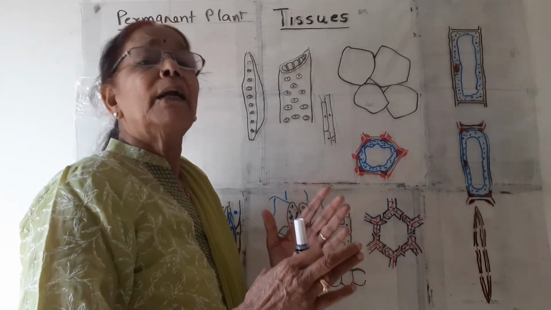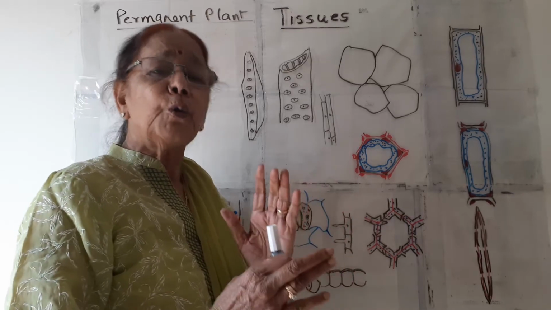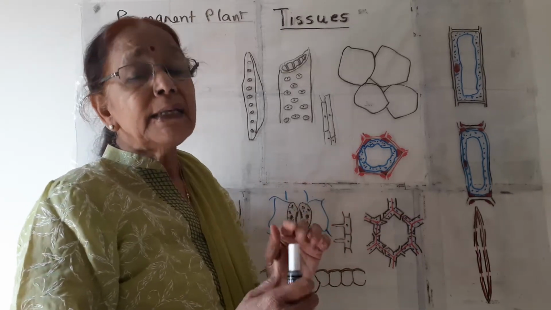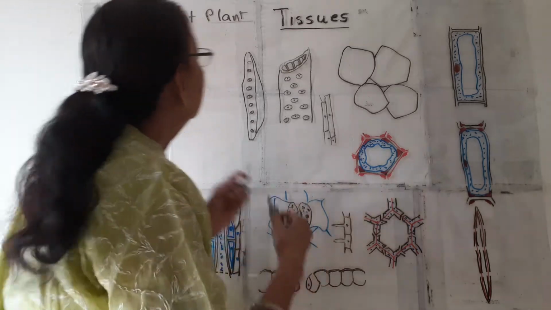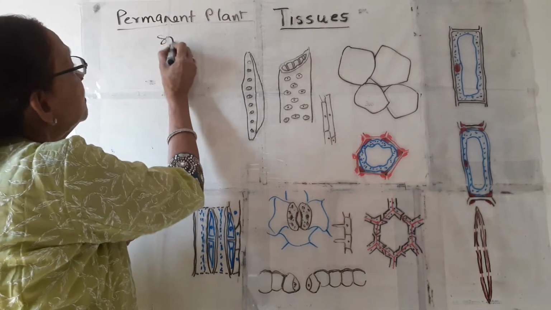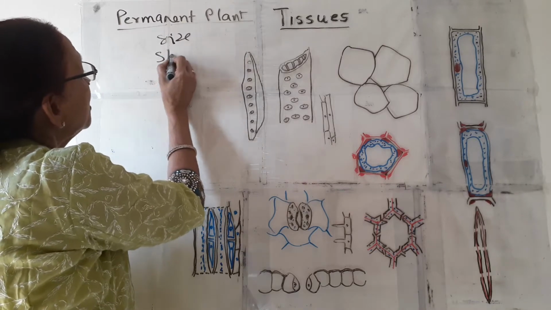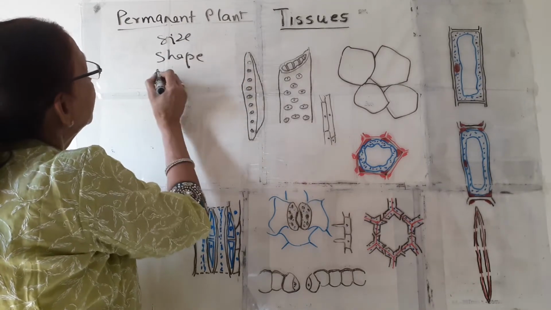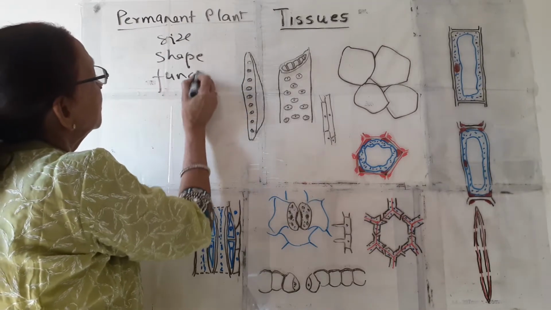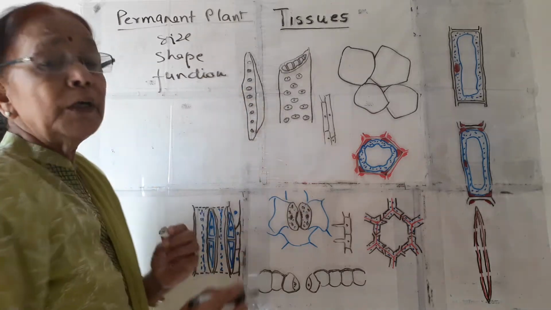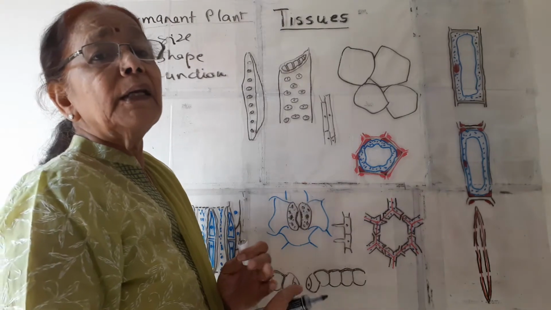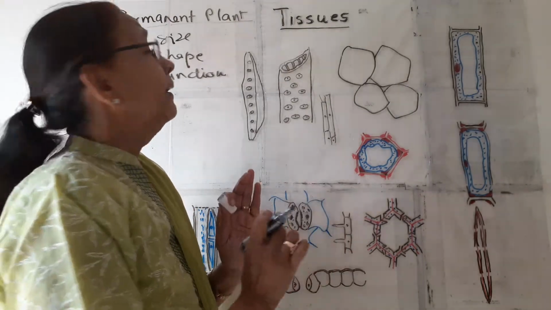When the cell divides and forms two new cells, these cells later change their size, their shape and their function. They adopt a particular function to do in the life of the plant.